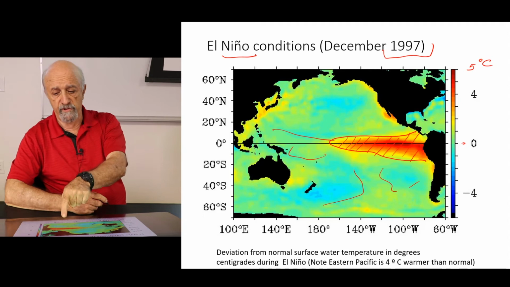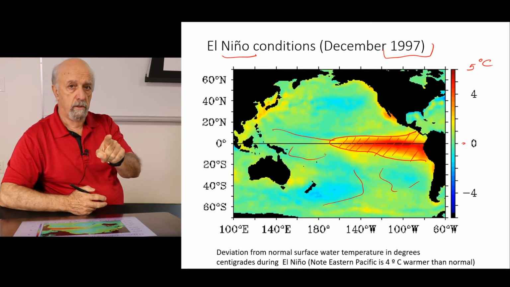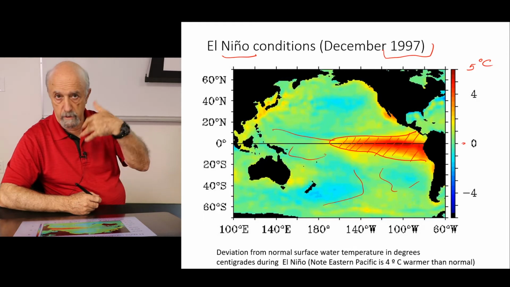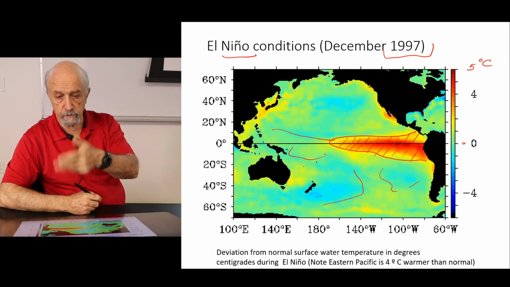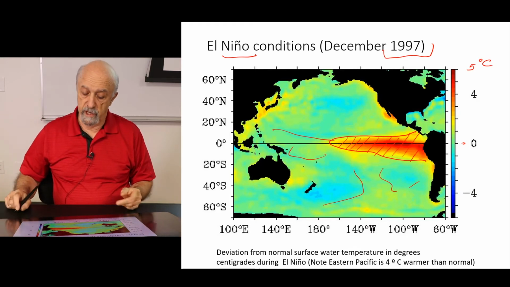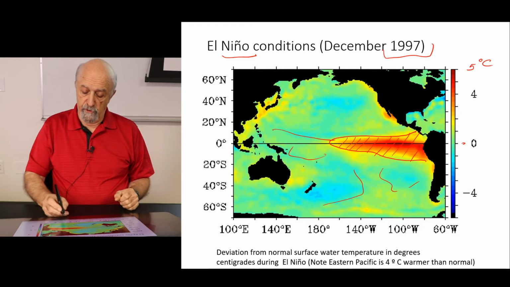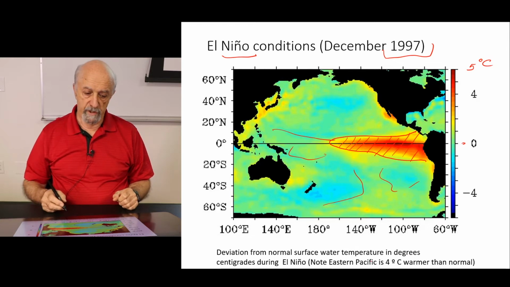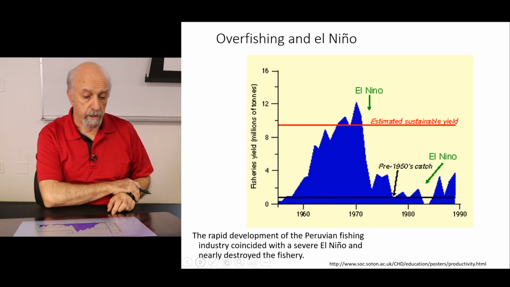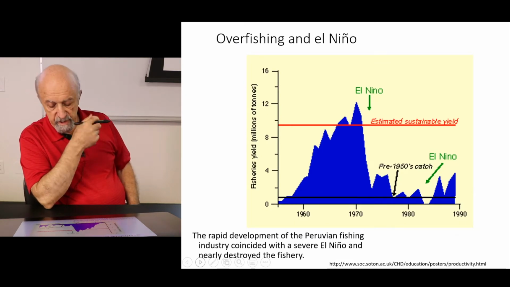So when we have this situation in here, there's no phytoplankton, there's no zooplankton, and any animal that is feeding on those either moves away somewhere else or dies. So 4 Celsius degrees warmer than normal is a really strong El Niño.